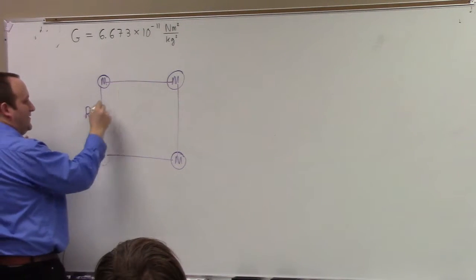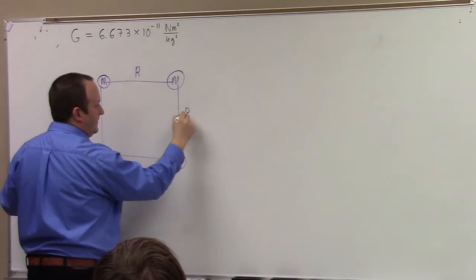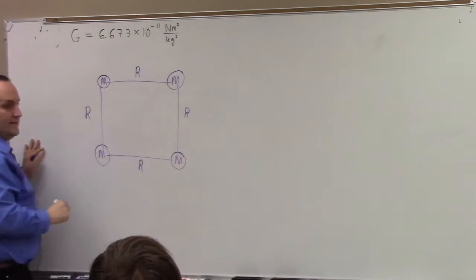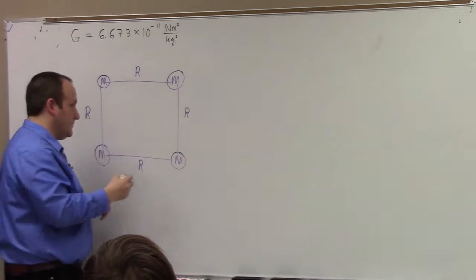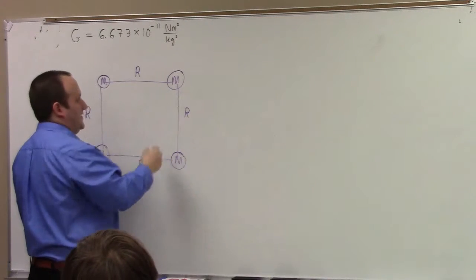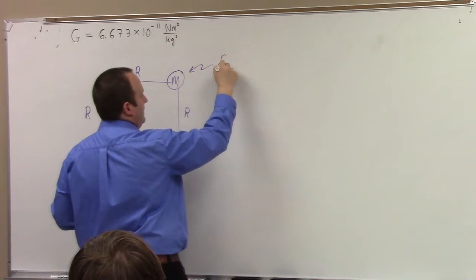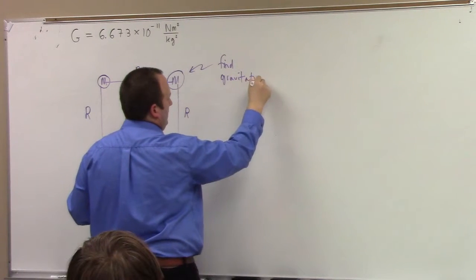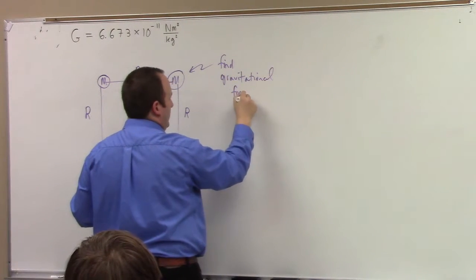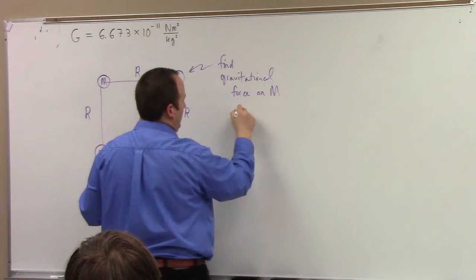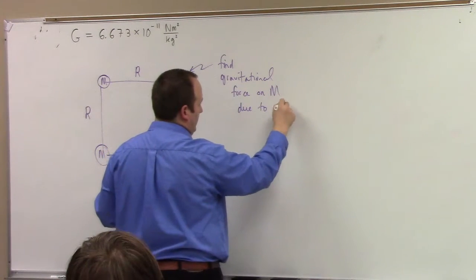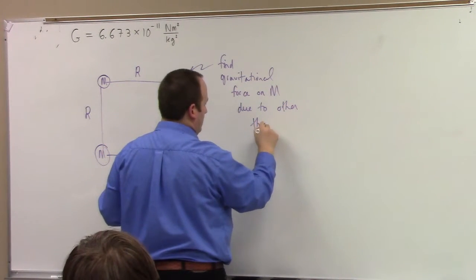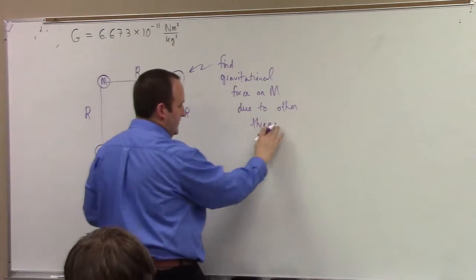I'll take that 1 and raise you an r. Then the question is simply this, and I'll pick one, say this one. Find gravitational force on M due to the other 3 masses, 3 M's, right?